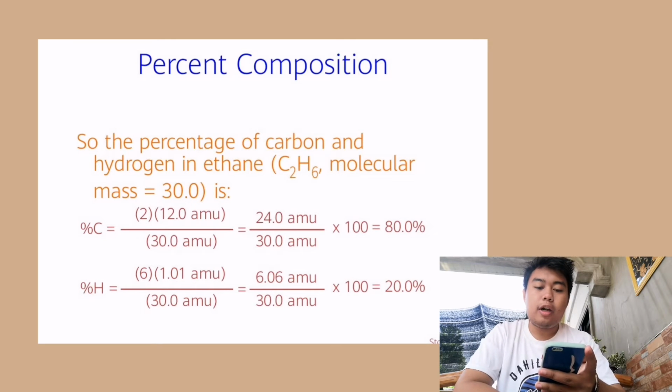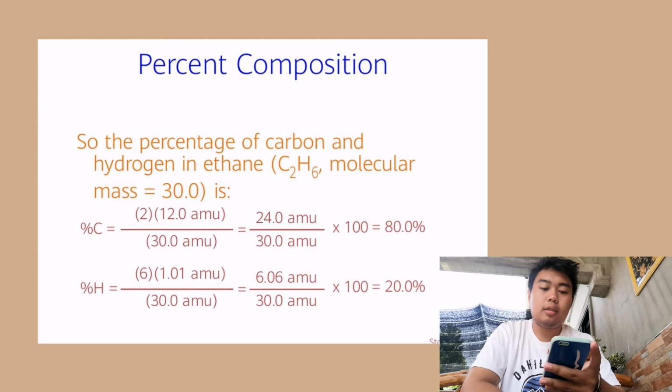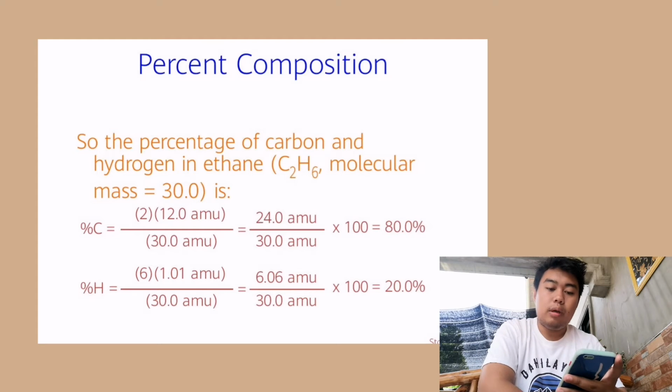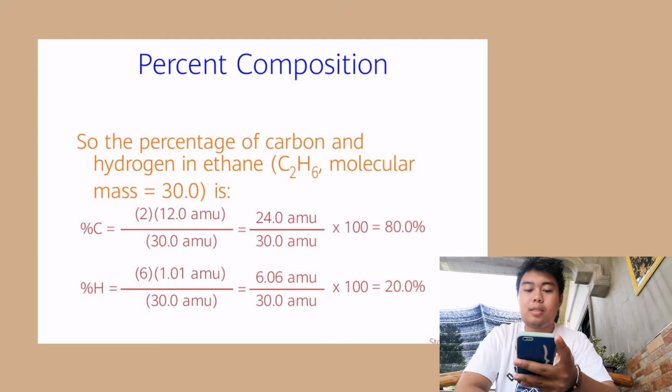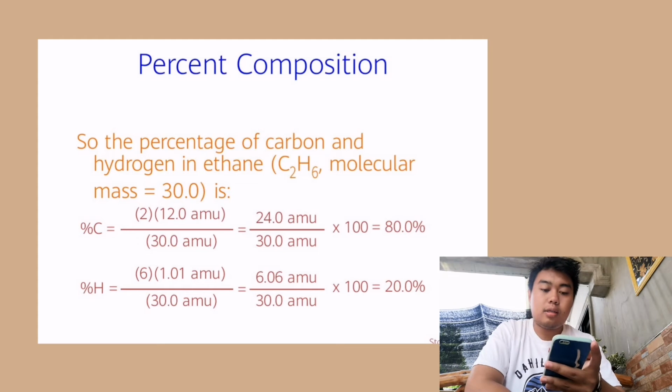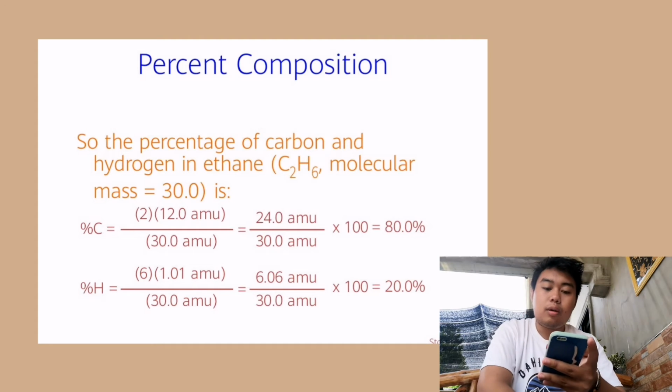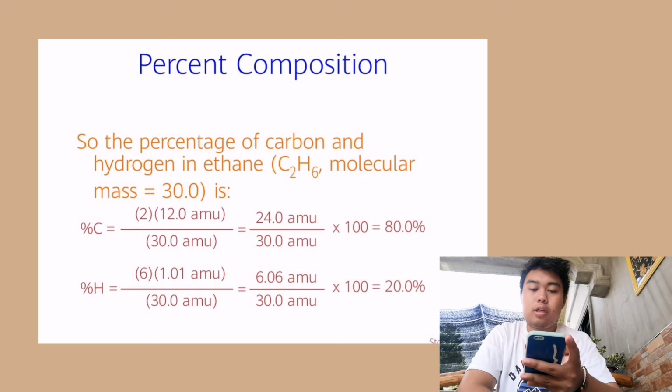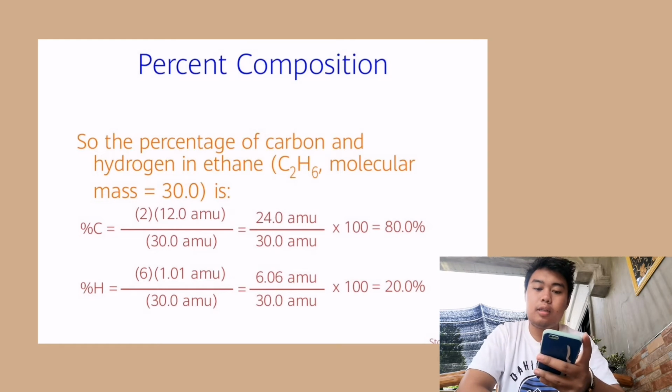So the percent of carbon in C2H6, molecular mass 30, is: C equals 2 times 12.0 AMU divided by 30 AMU, equals 24.0 AMU divided by 30 AMU times 100, equals 80%.